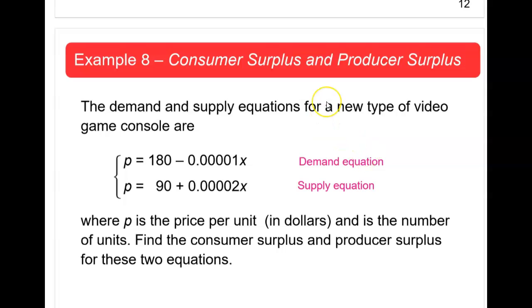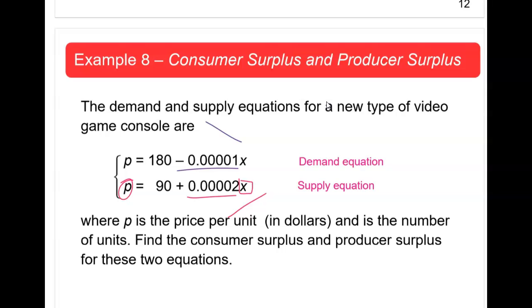You could see how the slope right here is negative, so it's going to be leaning to the left. And then the other one, the slope is positive, so it's going to be leaning to the right. And here, the x is representing the number of units, and the P is representing the price.